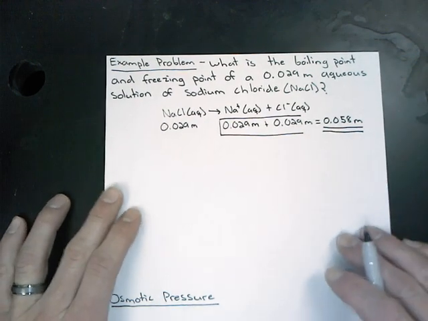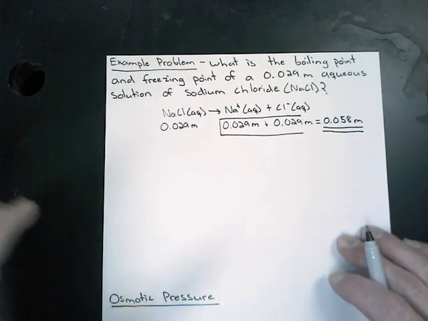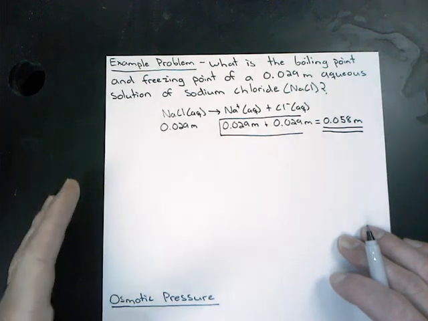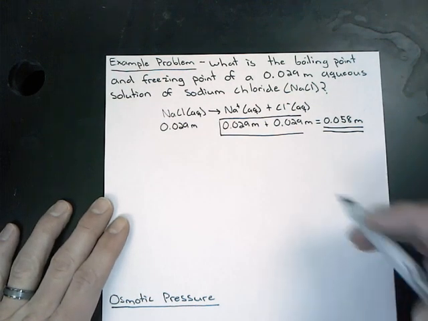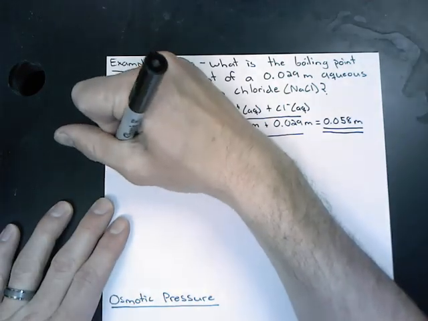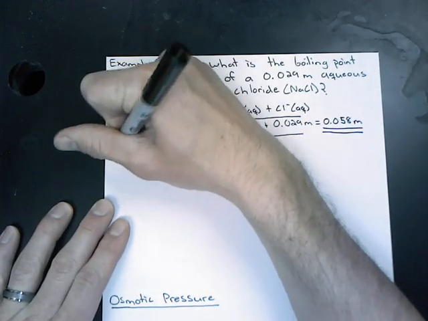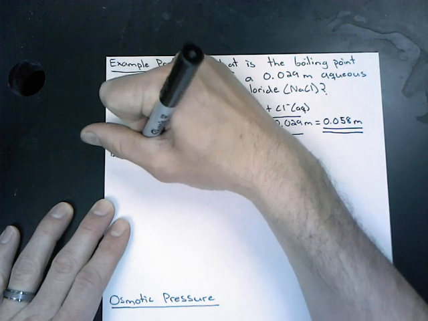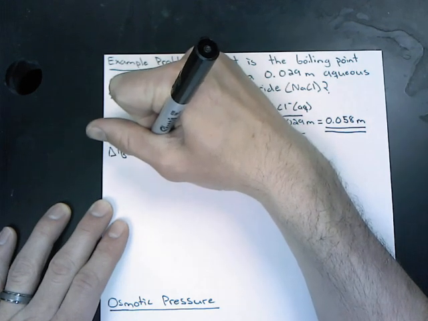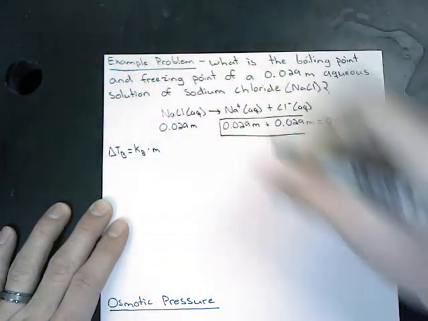So let's jump into the boiling point elevation first, and then we will do the freezing point depression second. So the formula for boiling point elevation is delta TB equals KB times m.